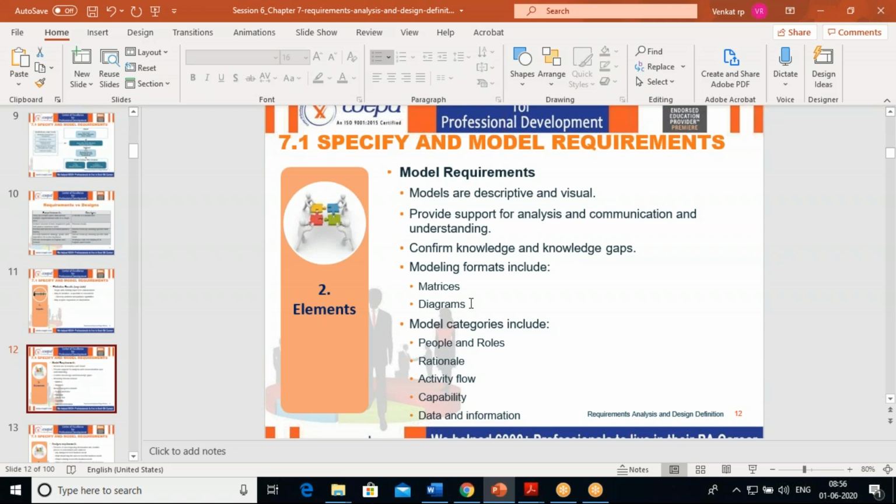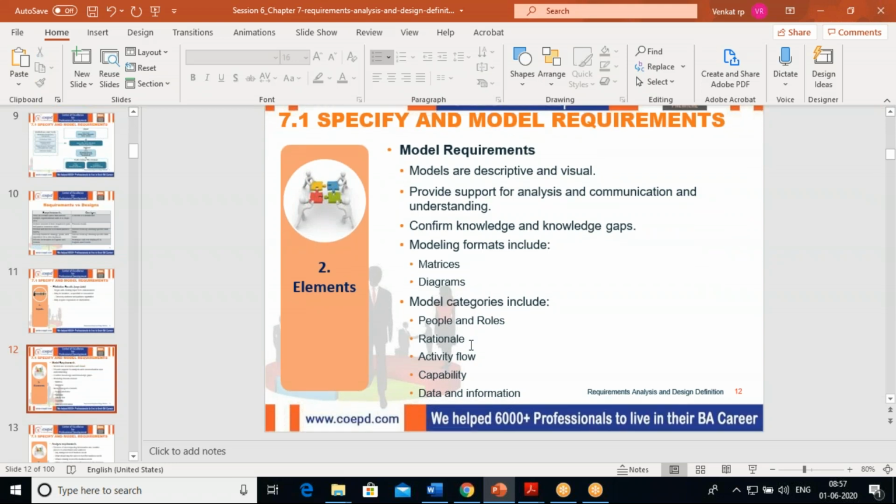So either we can express models through matrices or through diagrams. And for model categories, when you are doing a model, we have to consider people and their roles, the reasons why we have started this, the rationale, the activity flow, capability, and data and information. All these parameters will be considered, and we will come up with the model.